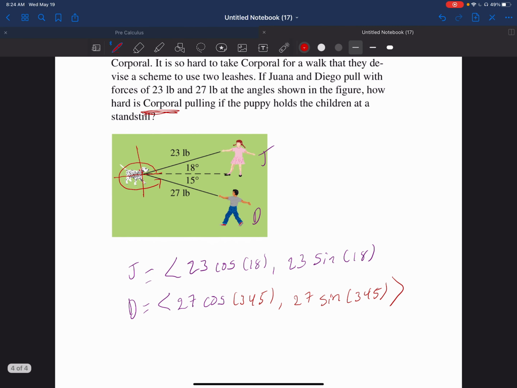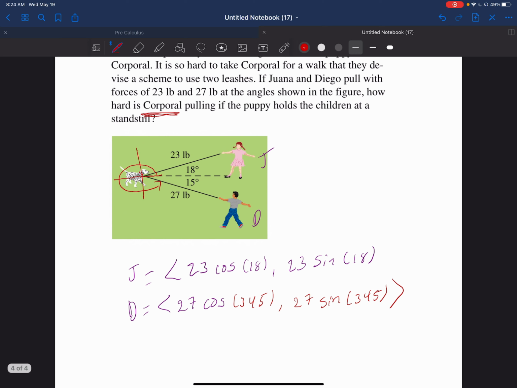So basically what's happening is that the kids are applying the same force as the dog in order for nobody to be moving. So if we figure out what the magnitude of J plus D is, we will be able to figure out how much force the dog is applying in order to keep them still and not move.